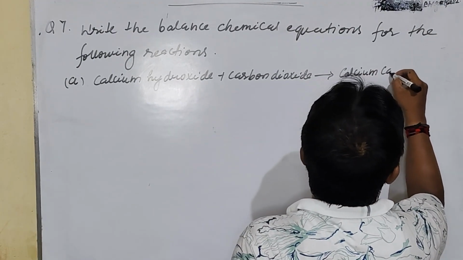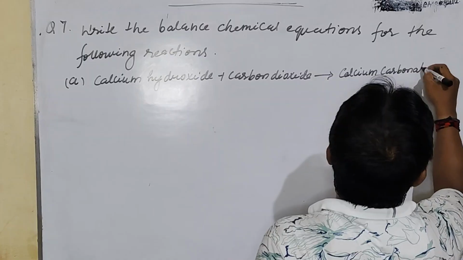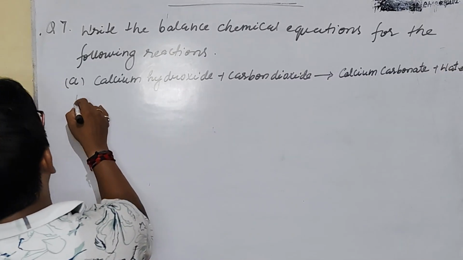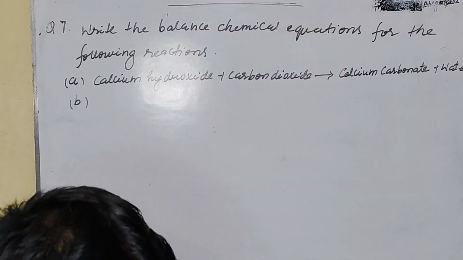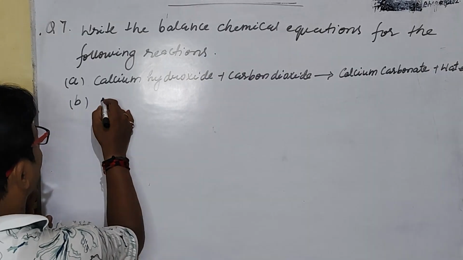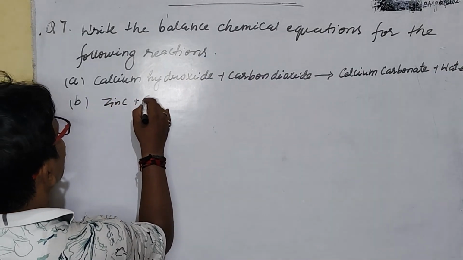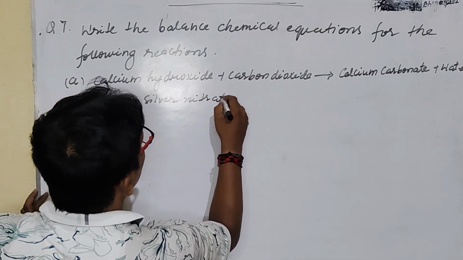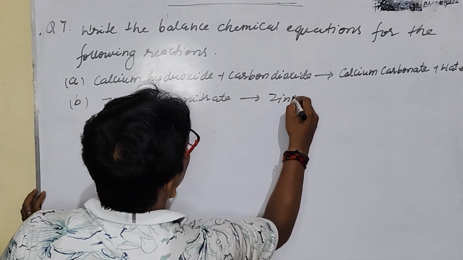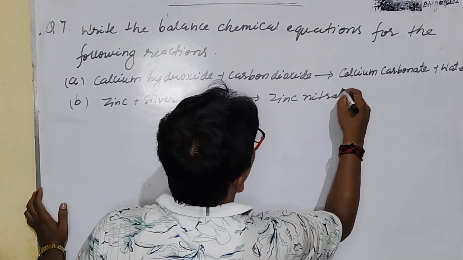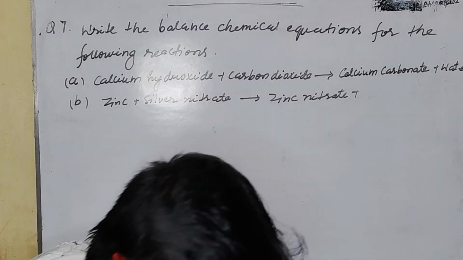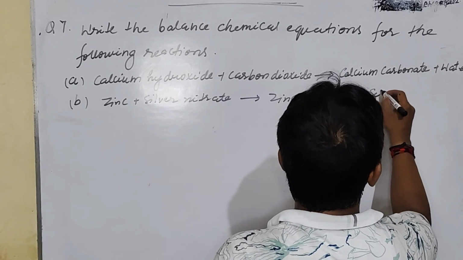Next one is B number. Zinc plus silver nitrate gives zinc nitrate plus silver.